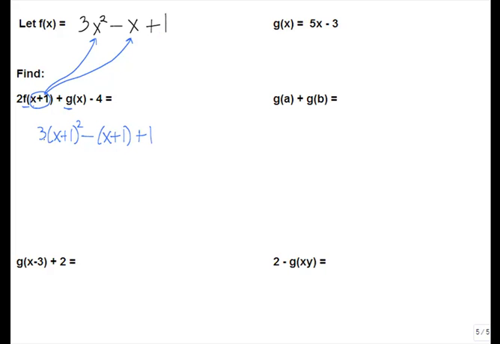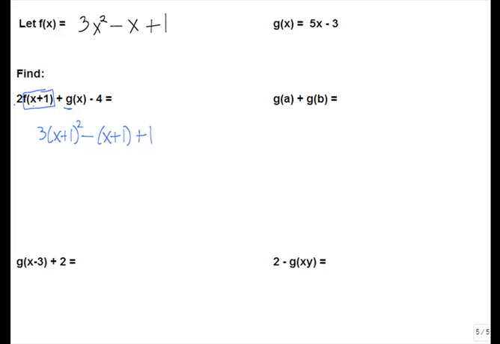So it should look like 3x squared minus x plus 1, like the original function, but where I had x before, now I have x plus 1s instead. So that represents this part of the problem right here.